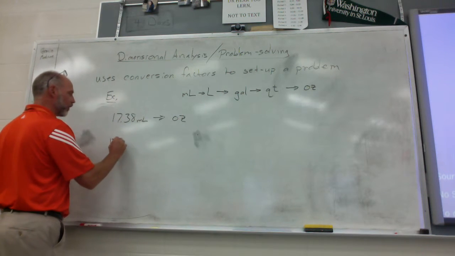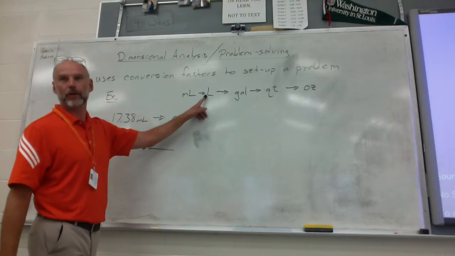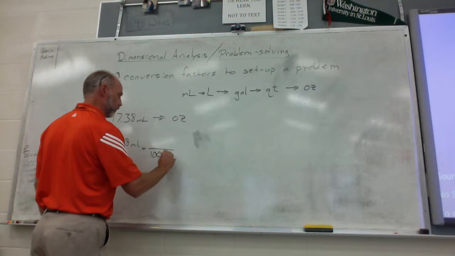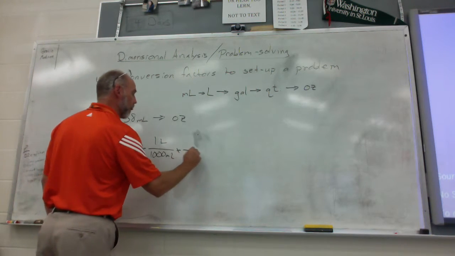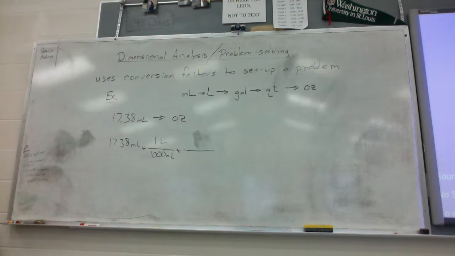So, 17.38 milliliters. Can we go from milliliters to liters? Yeah, we just did that. 1,000 milliliters, 1 liter. How do you get from liters to gallons? Well, as it turns out, this is the one I said that many of you know. Has anyone ever had milk before? Where do you get your milk?